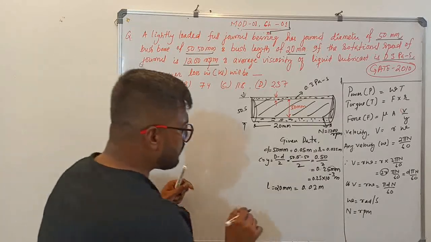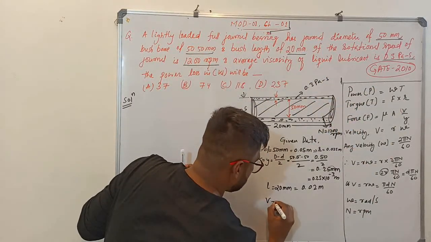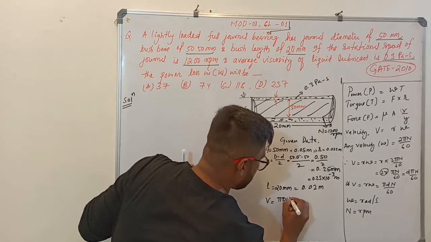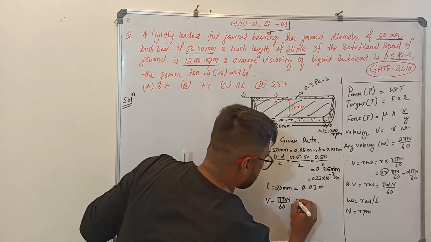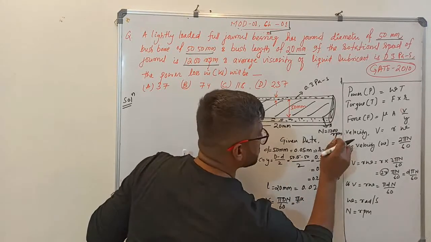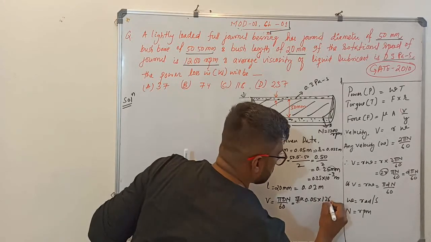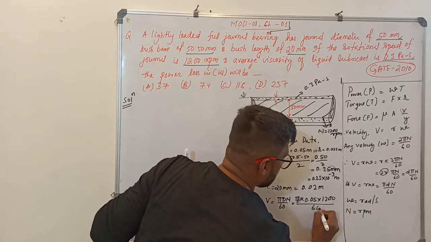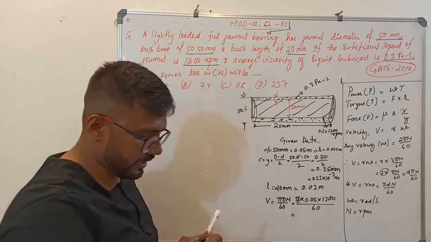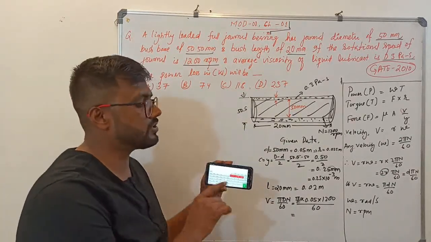So let us calculate the velocity. At what velocity is it moving? V equals pi D N by 60, with D equal to 0.05 and N equal to 1200 rpm divided by 60. What will you use to calculate? You have to use the GATE virtual calculator.